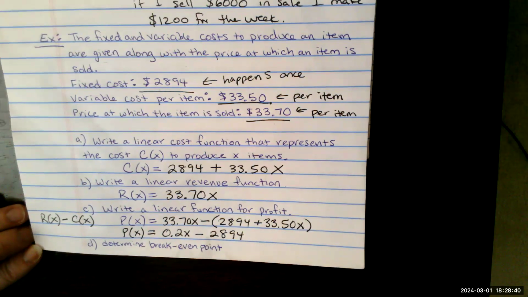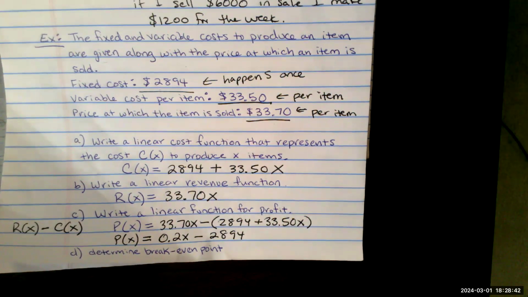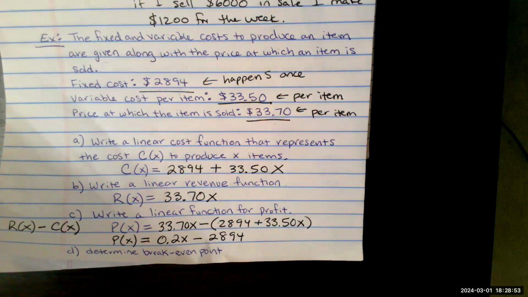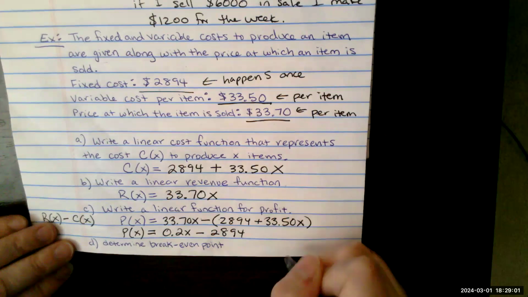Now it wants me to find my break-even point. Break-even point means we've sold and our cost is the exact same as how much we're bringing in, the revenue. The cost is equal to the revenue, so we broke even. We haven't made any money and we haven't lost any money. So now if I do more, I'll start making the money. So where's our break-even point?